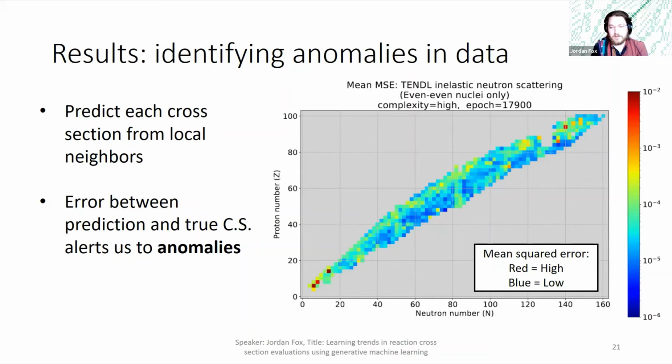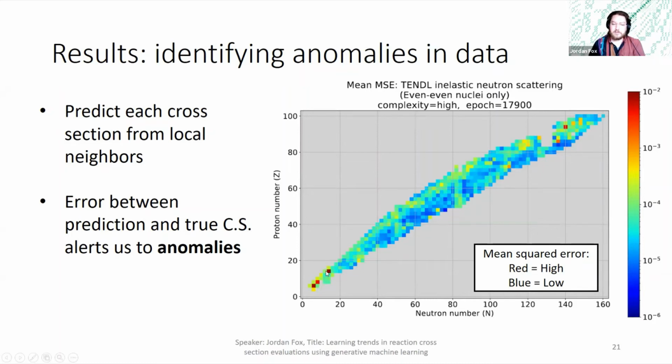So what this could do is automatically detect where the cross section seems to deviate from the learned trends, basically. So if you look at this picture here, you can already see there's a handful of them in the lower left and upper right corners that are red or orange like that.